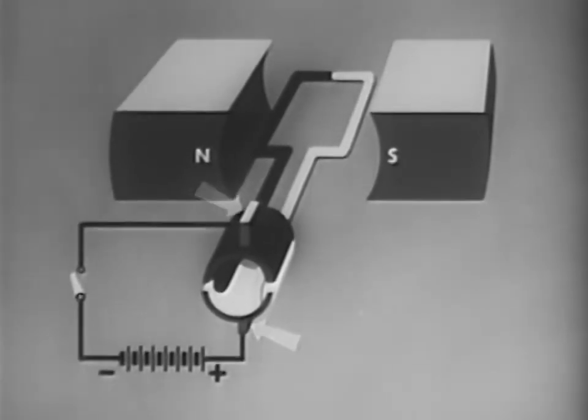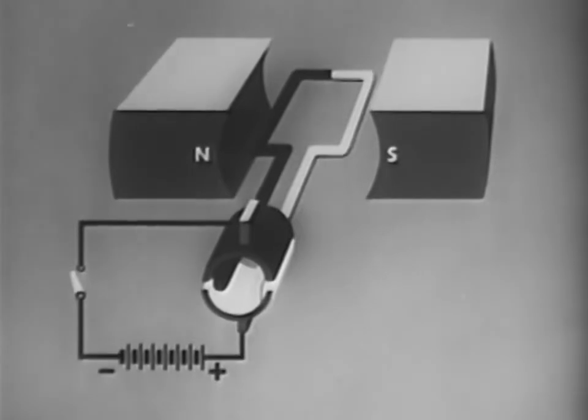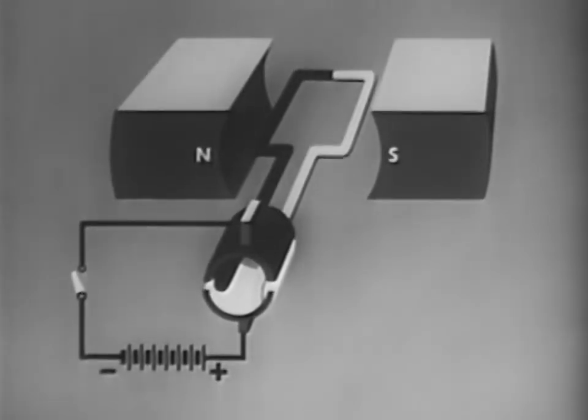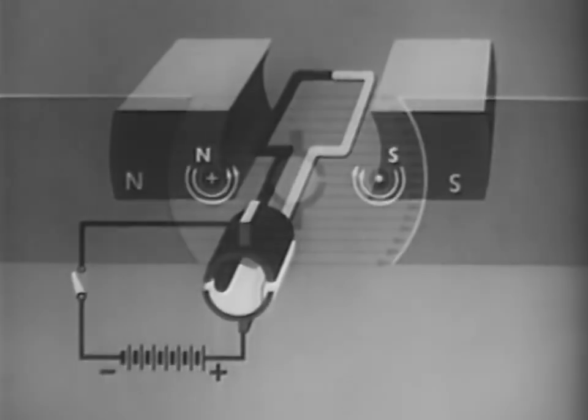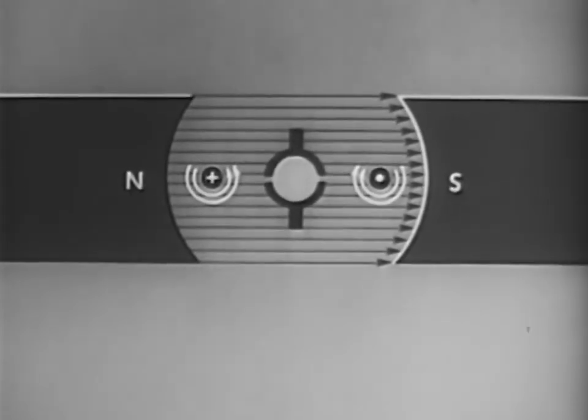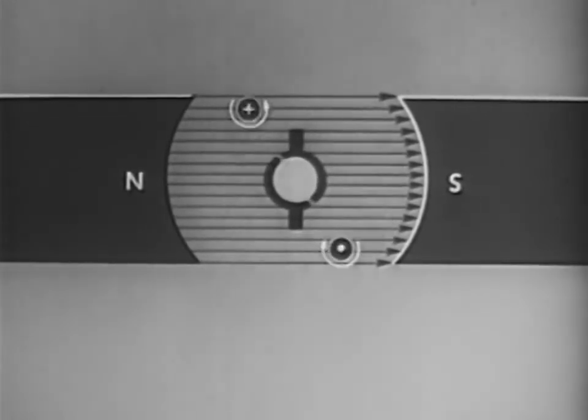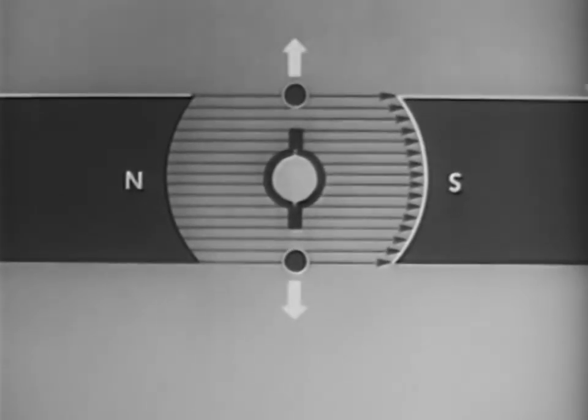As we have seen, a conductor in a magnetic field will move when a voltage is applied to it. With a voltage applied, and the magnetic field and current flow as shown, the right conductor will be pushed down, while the left one is pushed up. Since the forces on each conductor are now in exact balance, there will be no more motion.